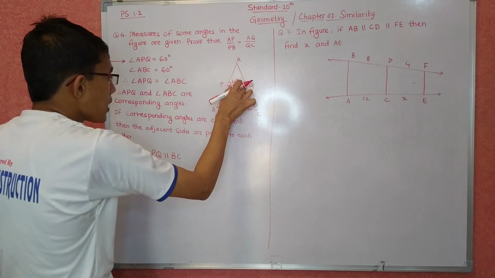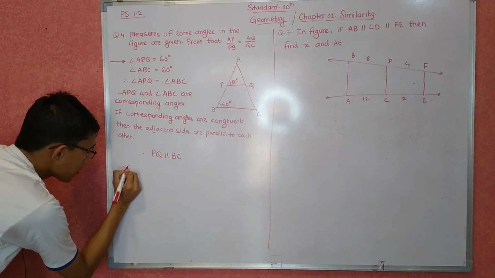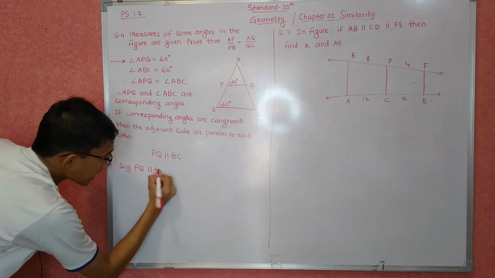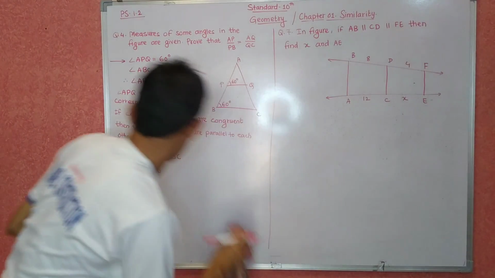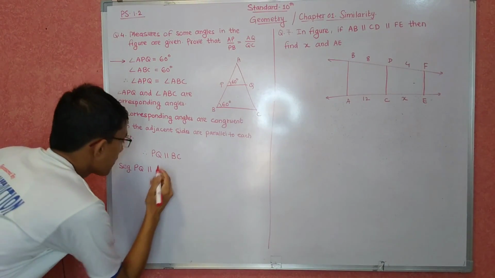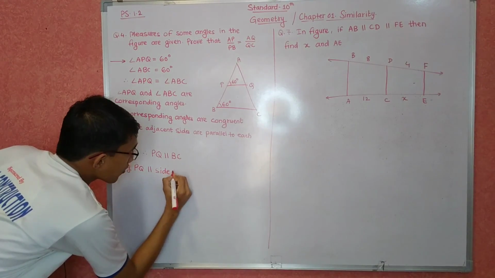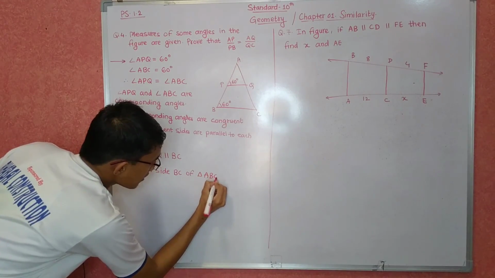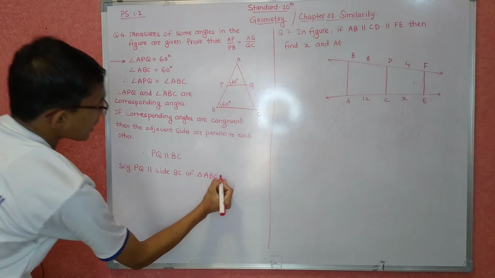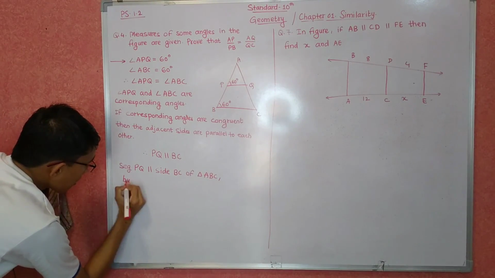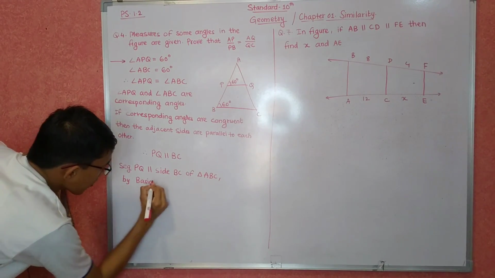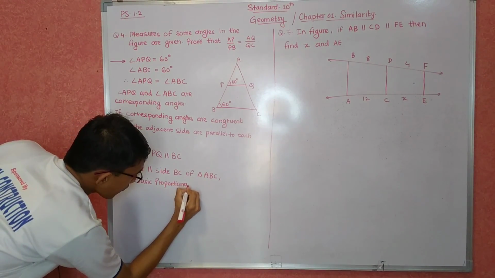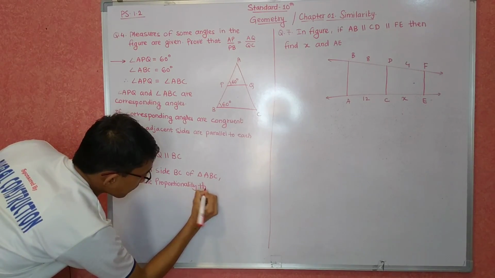Now if segment PQ is parallel to side BC of triangle ABC, so in this case we can use the basic proportionality theorem.